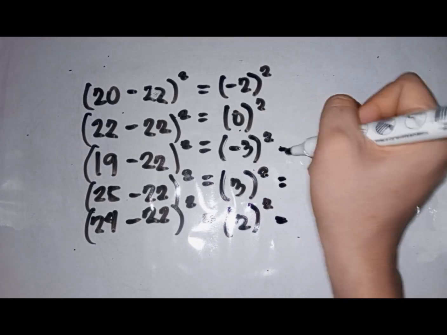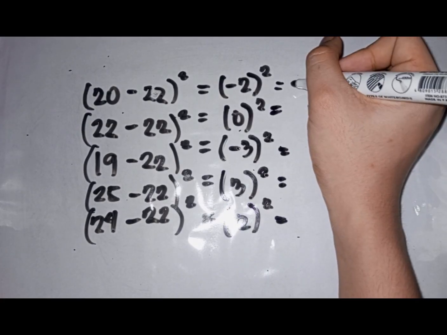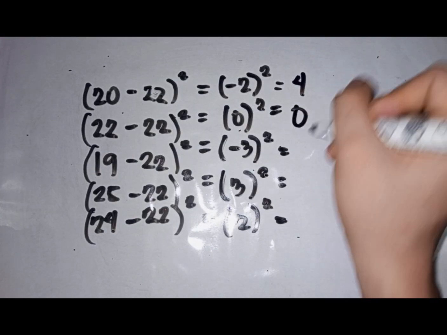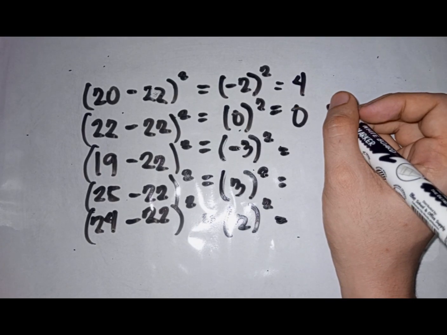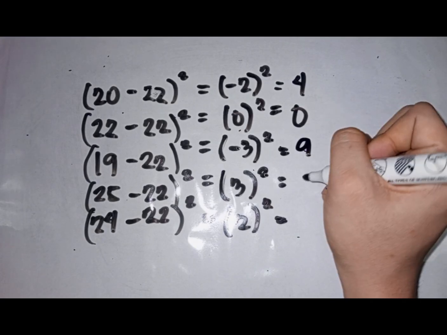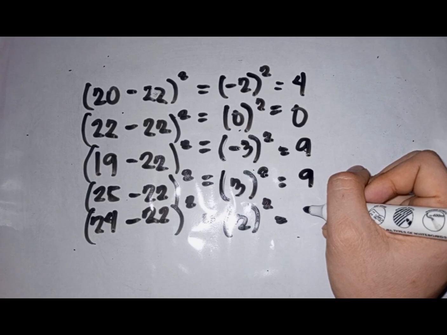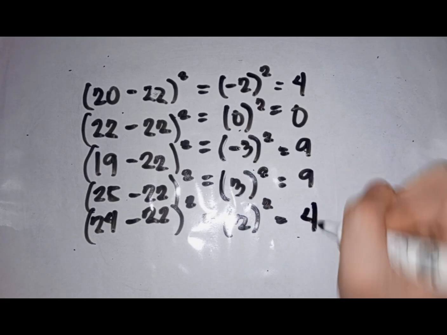Now we're going to square them. Negative 2 squared is 4, 0 squared is 0, negative 3 squared is 9, 3 squared is 9, and 2 squared is 4. Okay, very good.